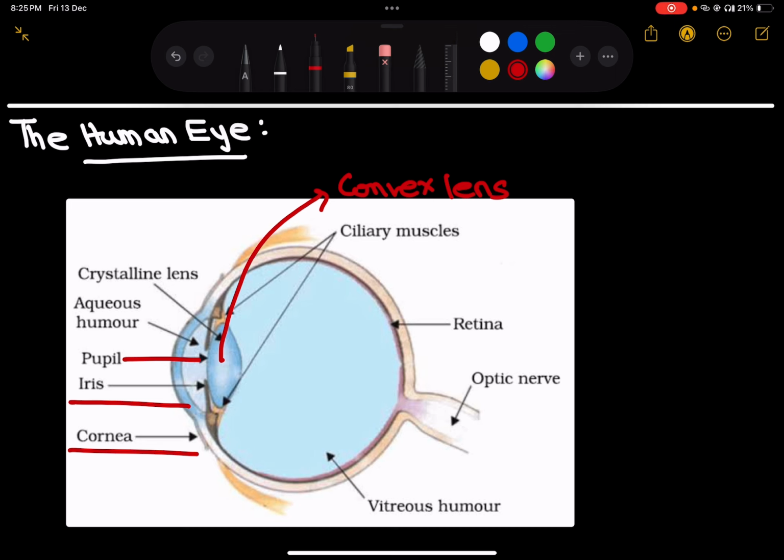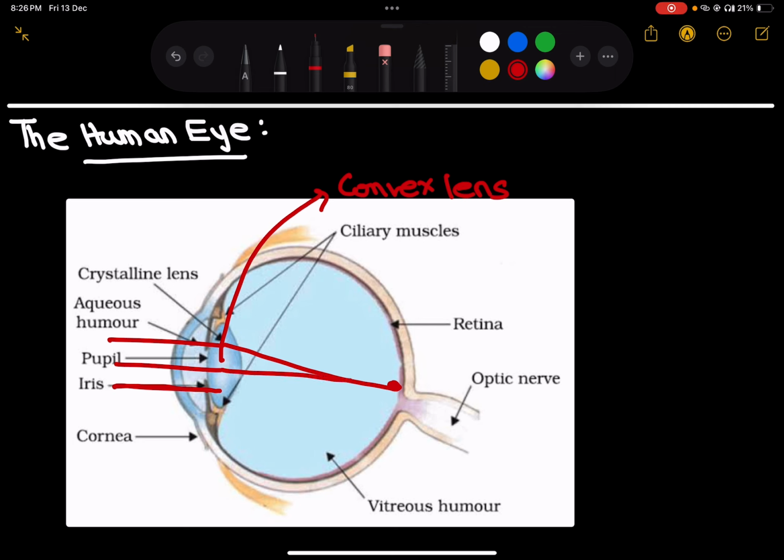Moving on. Now the light enters the eye lens. What is the function of the eye lens? It is a crystalline eye lens. Here you can see the crystalline eye lens. This eye lens merely provides the finer adjustment of focal length. For example, the light is entering like this, and you want to form the image at this point, somewhere here.